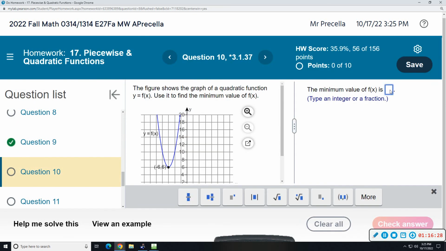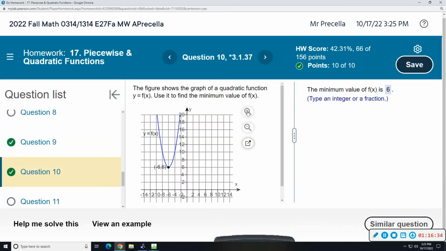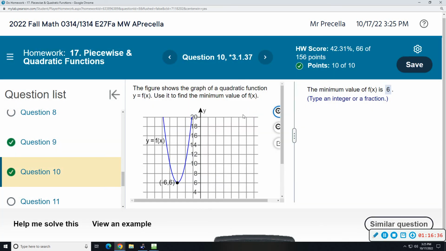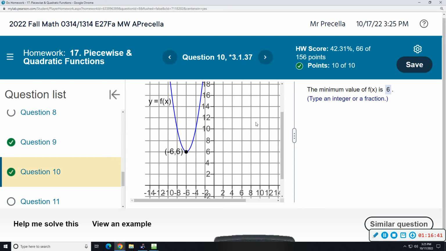So 6. If we click here, does it make it easier to see? I still can't tell the difference. That still looks like a 6, but it's a negative 6.